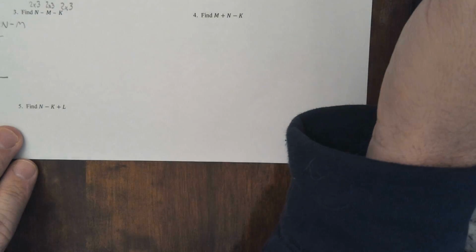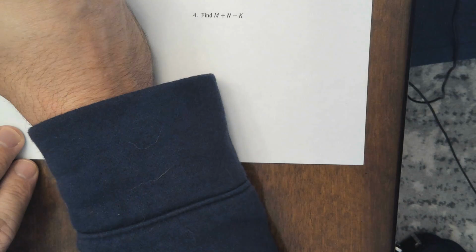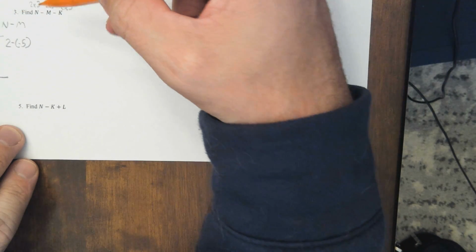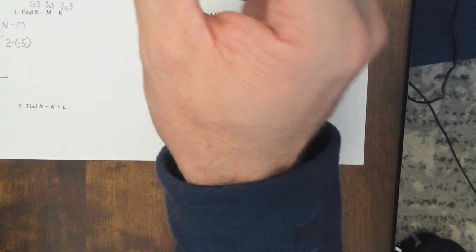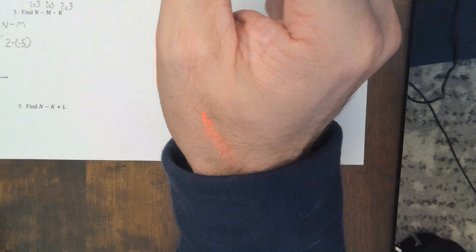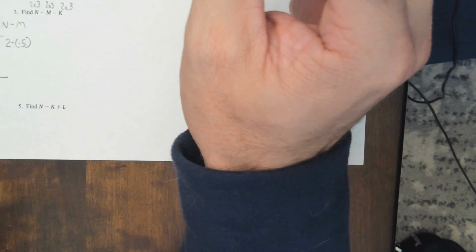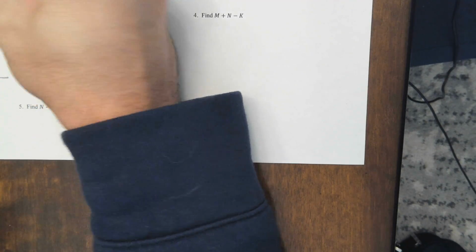So it's going to look like this. So we're going to start off with n. So this is n minus m here. So n minus m is going to look like this. Okay, it's going to be 2 minus a negative 5. Remember, order matters, so you got to start with n first, then m, then k. Okay, so we've got 2 minus a negative 5. We've got 6 minus 9.